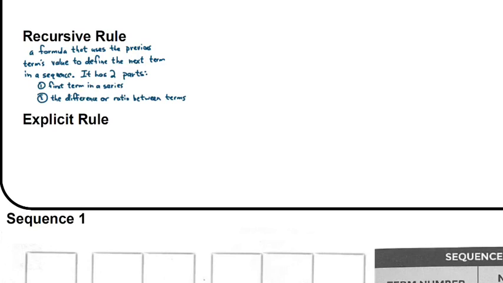All right, and so here's what I mean by that. It's basically a formula that says, hey, step 1 is this. To get to step 2, you do this. To get to step 3, you start at 2 and do this. So to go at that previous example, let me write that back up real quick. We had 11, then 15, then 19, then 23, 27, 31. Basically, we have to have two pieces.